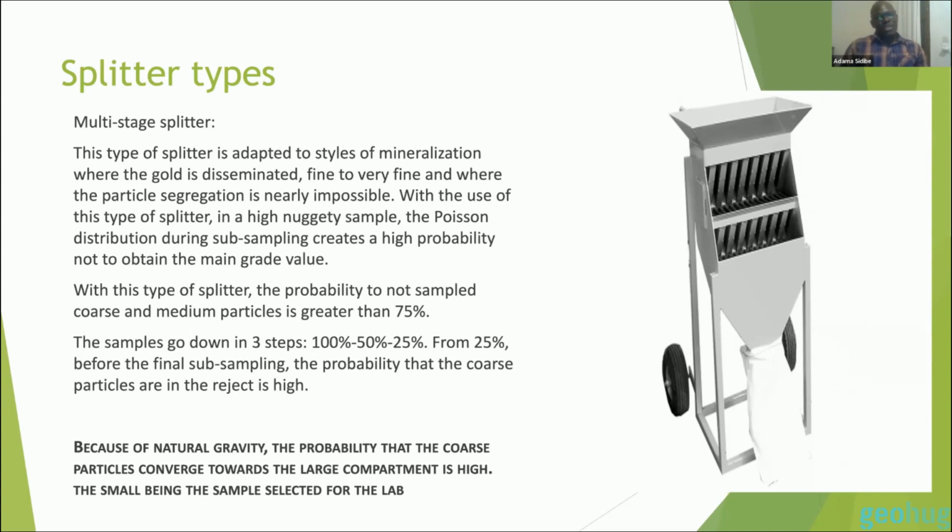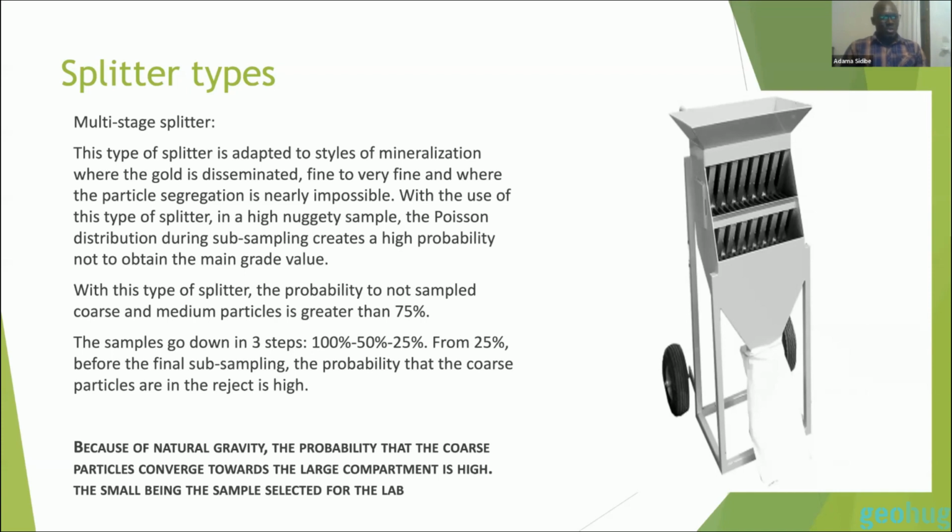From 25% before the final subsampling, the probability that the coarse particles are in the reject is very high. This type of splitter is adapted to the style of mineralization where the gold is disseminated, fine to very fine, and where particle segregation is nearly impossible.